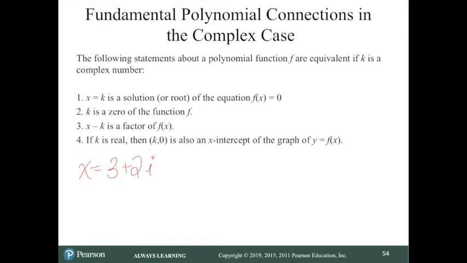However, that will not be an x-intercept because there is no value on the x-axis of 3 plus 2i. That is a complex number, right? So it's still a zero, it's still a solution, it's still a root. We can still write it as a factor. However, now it's no longer an x-intercept because it's not a real number. Okay, so that's an important distinction now: x-intercepts only include the real numbers.